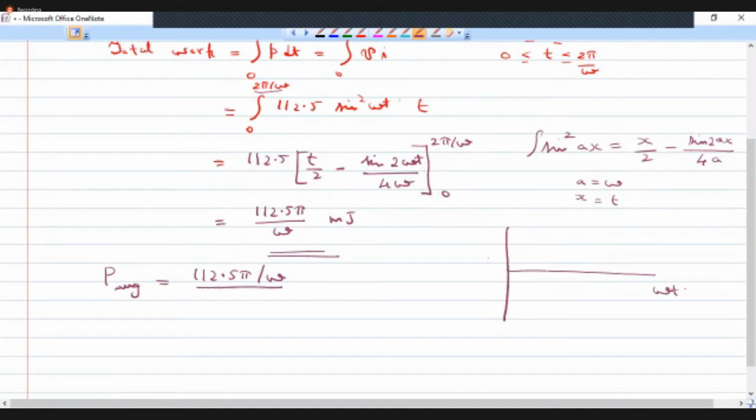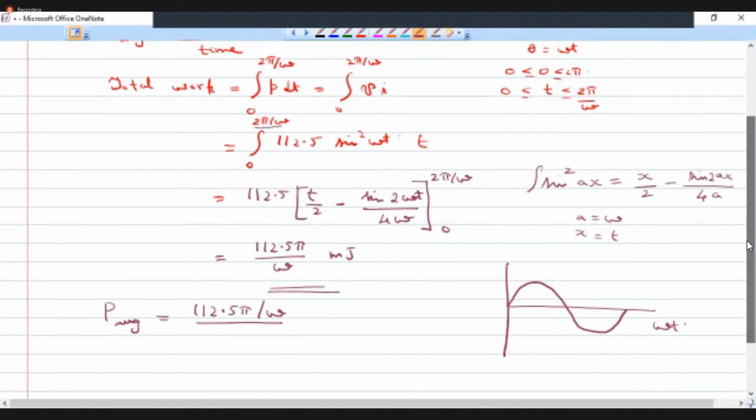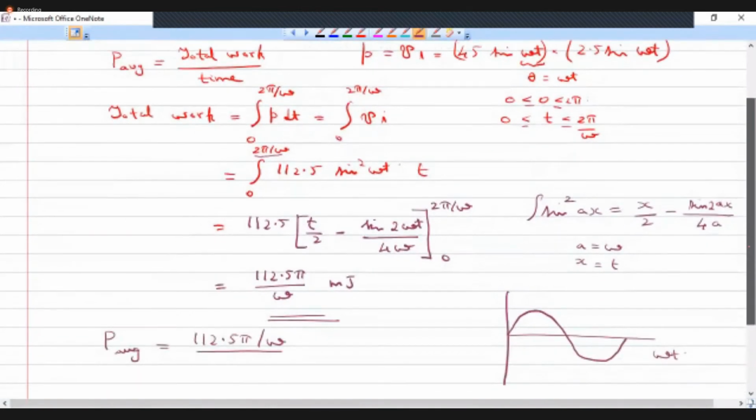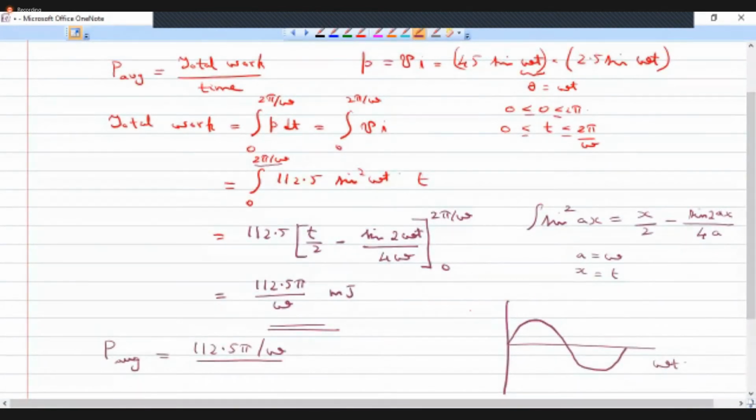So we have the signal, which is a sine function, and we have integrated it to find the power. This could be the voltage or current signal, V or I. So what is the total time duration taken?